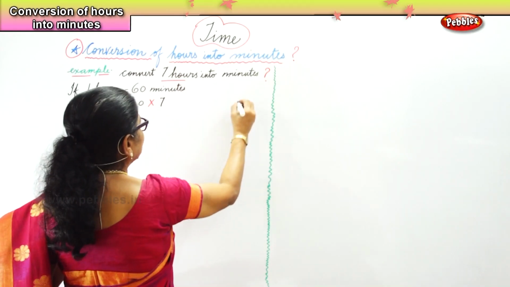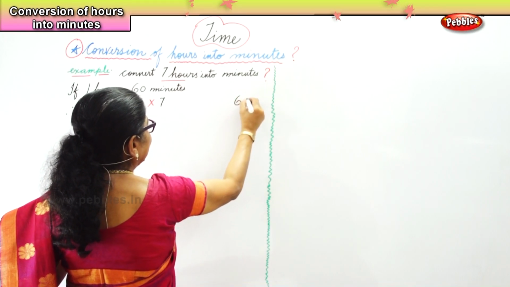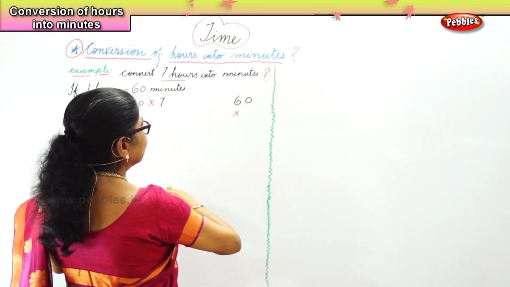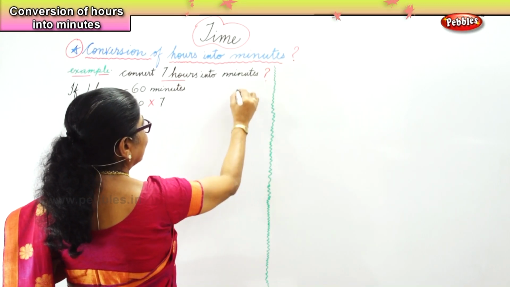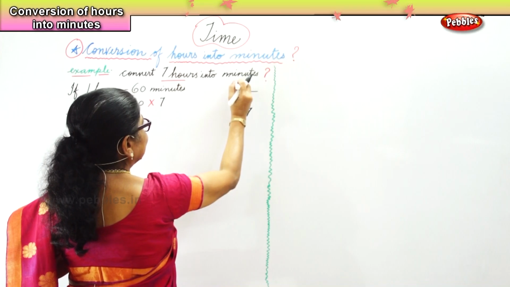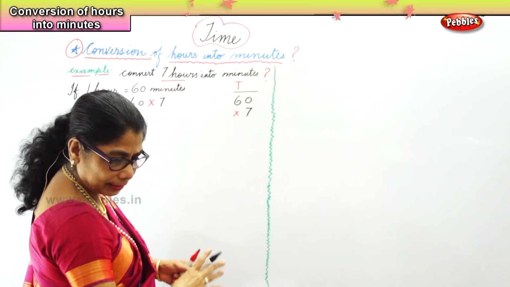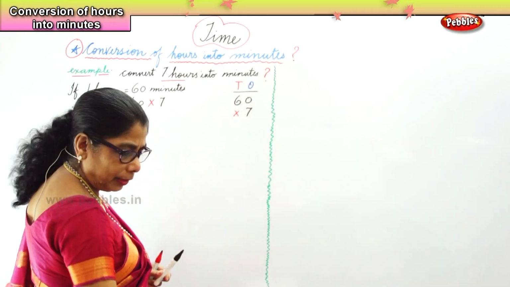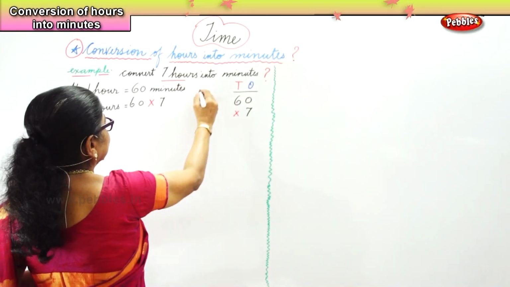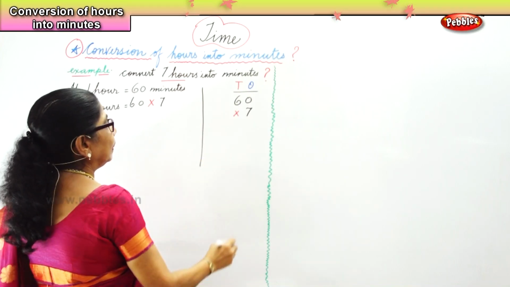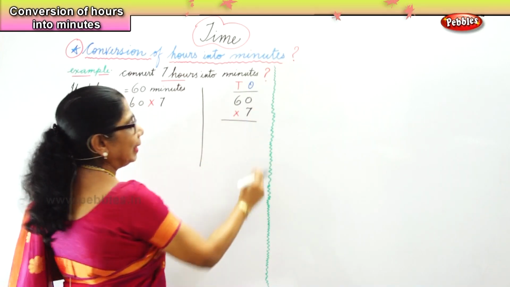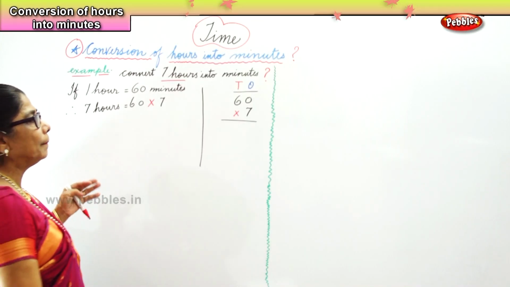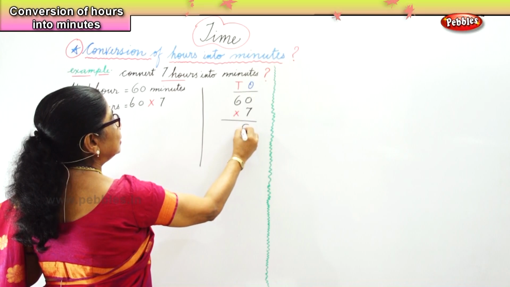Now we make the margin. We write here 60 into 7. We write here tens and ones, and we put down a margin. Okay, now any number into 0 or 0 into any number will give us what? 0.